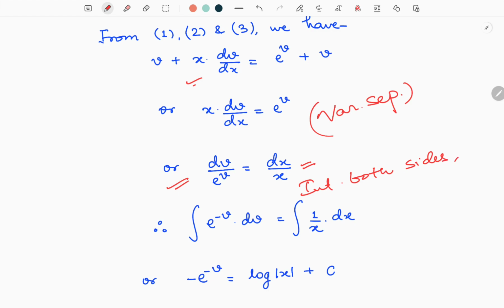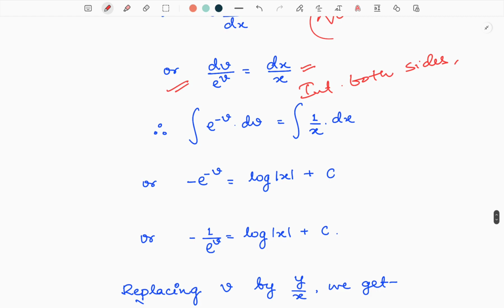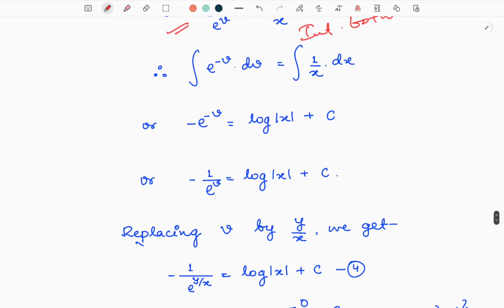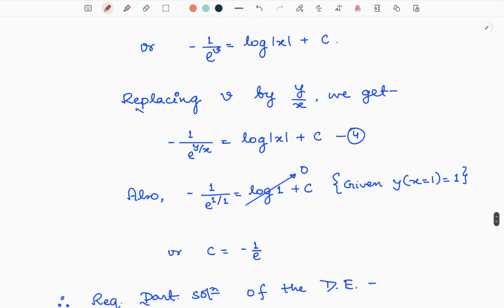The integration of e to the power x is the same, but a minus sign will come in front because of the differentiation of minus v. So the equation will become minus e to the power minus v is equal to log of mod x plus c. Now replace v by y by x, and you will get minus 1 upon e to the power y by x is equal to log of mod x plus c.